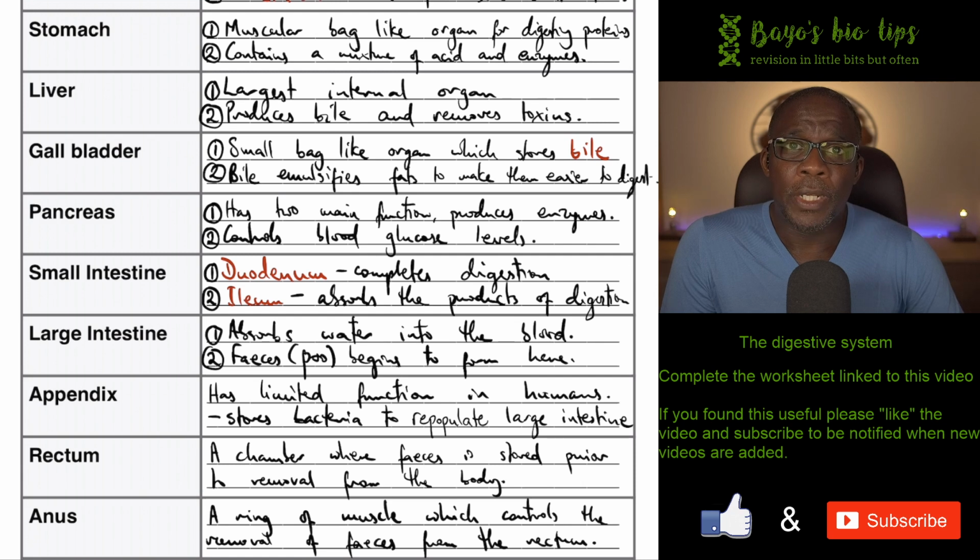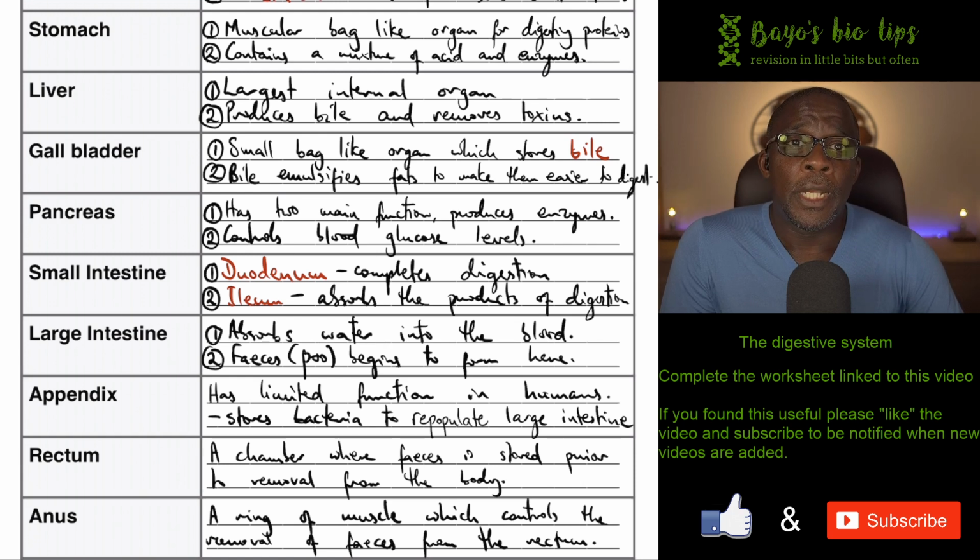Next, we've got the rectum, which is a muscular chamber where the feces, the leftover bits that were not digested from our food, are stored. We are social animals. As such, we don't really want to have our feces dropping out all over the place willy-nilly.